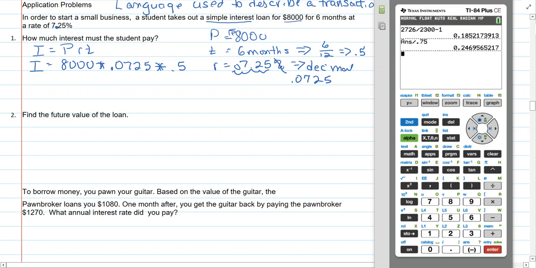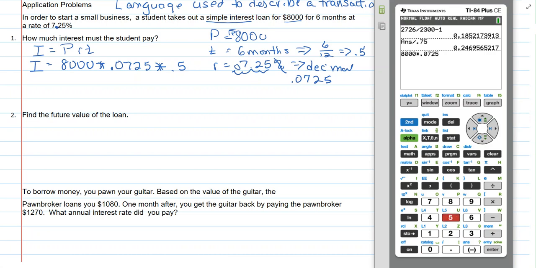Right, so here we go. Into our calculator, enter the 8,000 times the decimal 0.0725 times 5 and enter. And I get 575. Okay. Let me see if I did all that. 0.025.